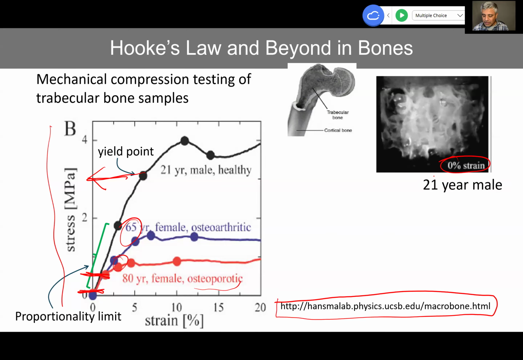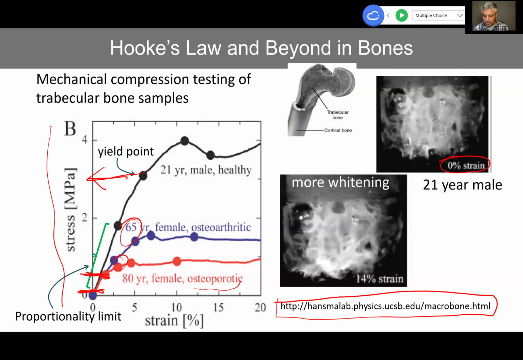And then now you increase that to 14%, for example. What happens? You observe more whitening over there, meaning it gets warmer. And the way this image is generated, the warmer the material is, the whiter image it produces. Okay, and so on. So that's how they studied how it behaves.